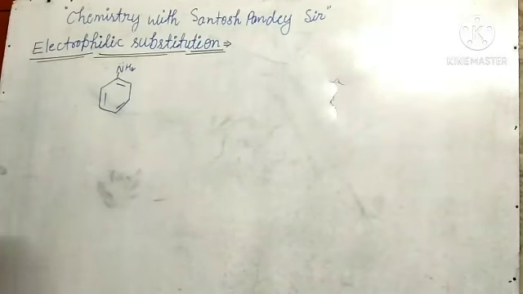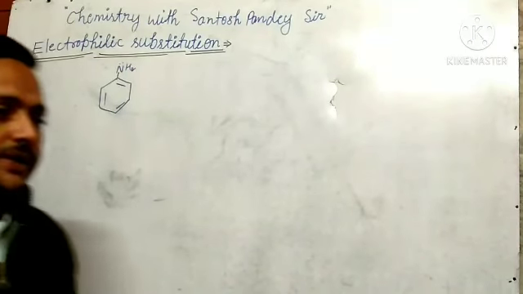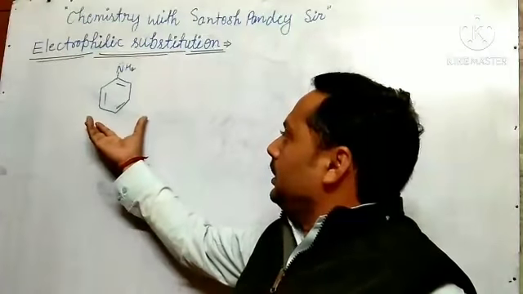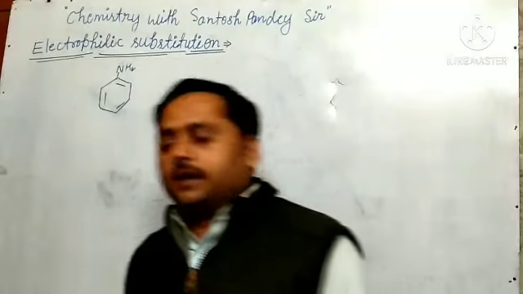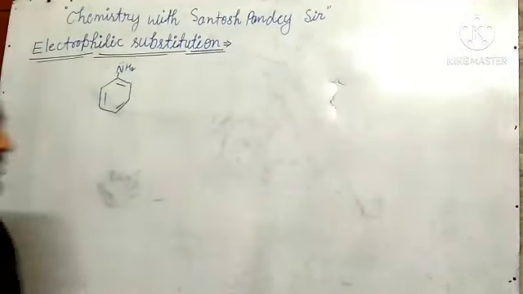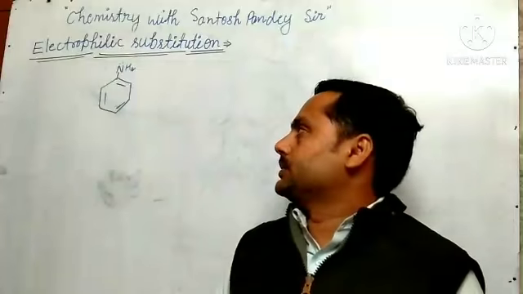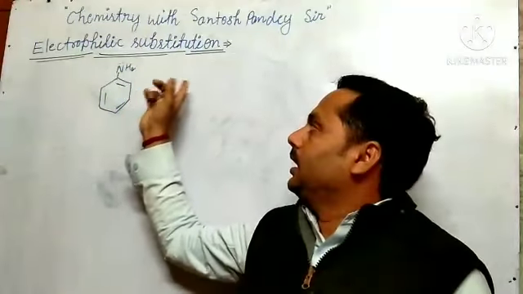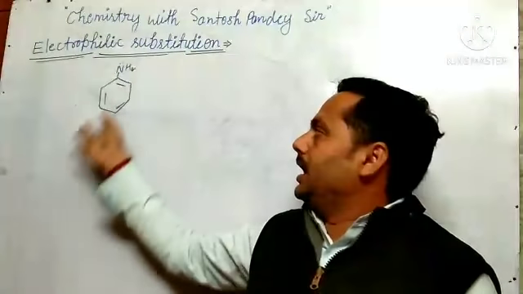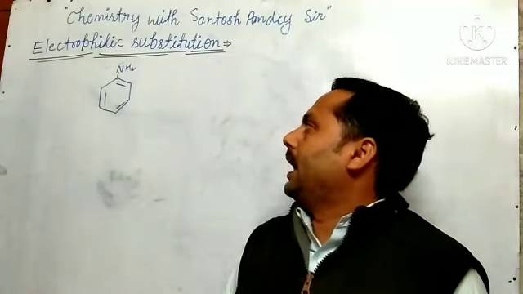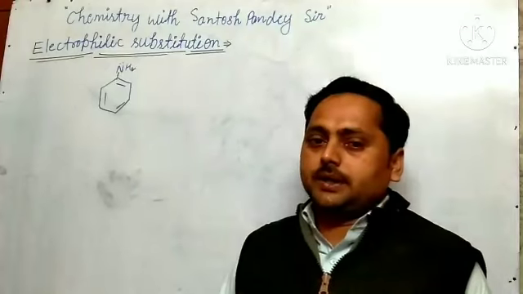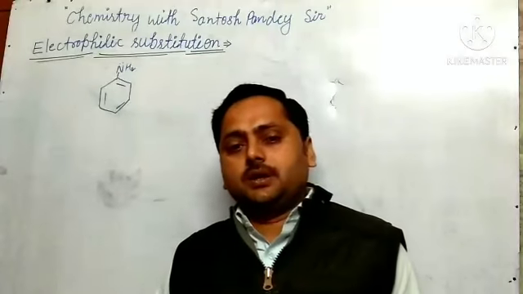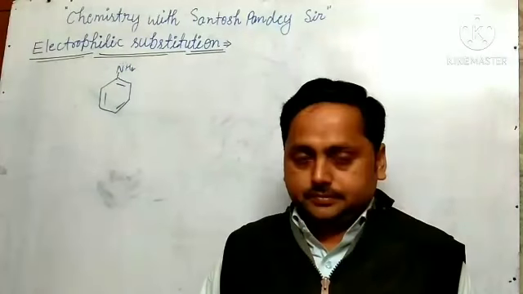So our next topic is electrophilic substitution reaction. We have already seen in the resonance structure of aniline that electron density is higher at the ortho and para positions in the benzene ring. Because of that, electrophilic substitution takes place at the ortho and para positions.